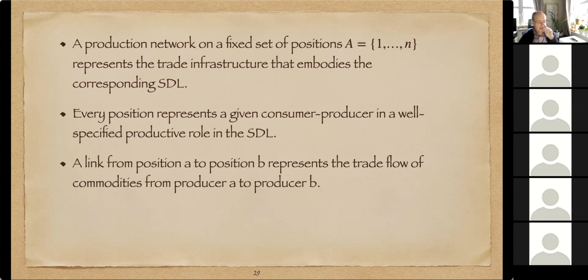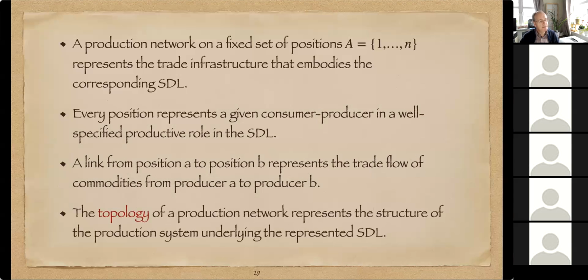And a link from A to B is a trade flow from A to B, a producer from a production point of view. And the topology represents the underlying structure of the social division of labor and how positions in that social division of labor, the various professions, are linked.